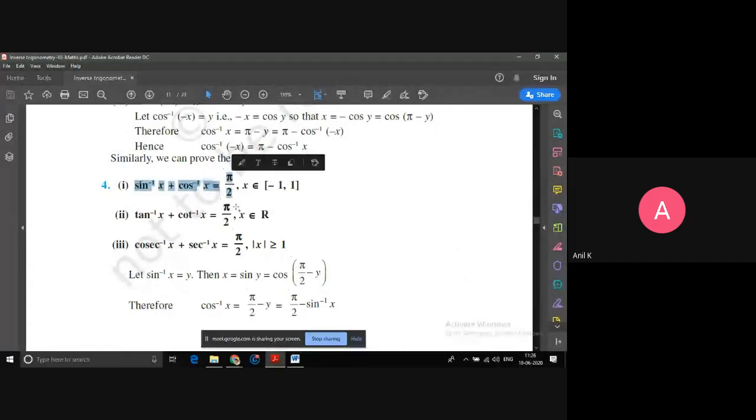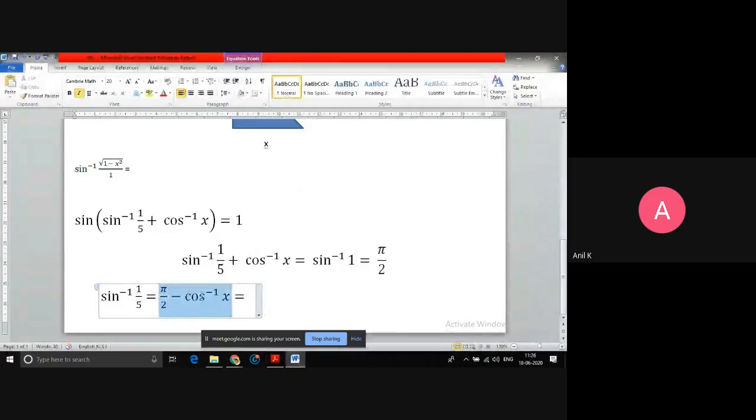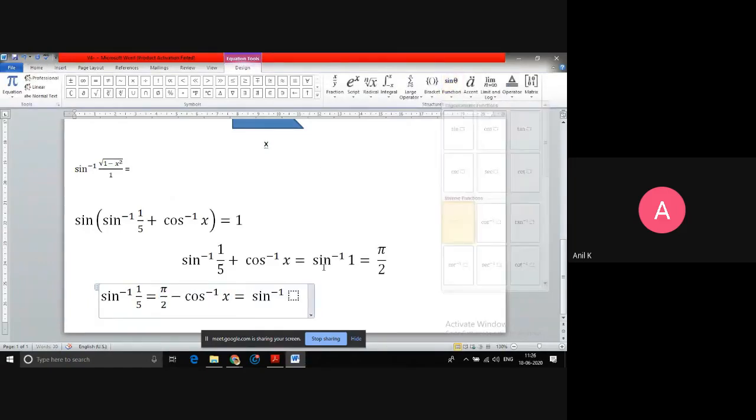If I send cos inverse x to the right hand side, sine inverse x equals pi by 2 minus cos inverse x. So I'm going to use the same identity. Here I have pi by 2 minus cos inverse x, which according to the identity I can write as sine inverse x.